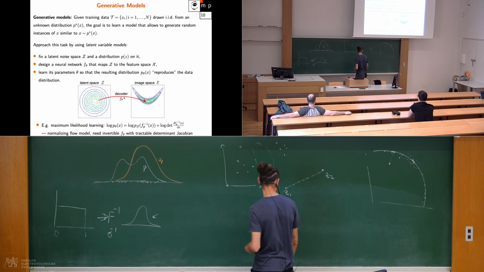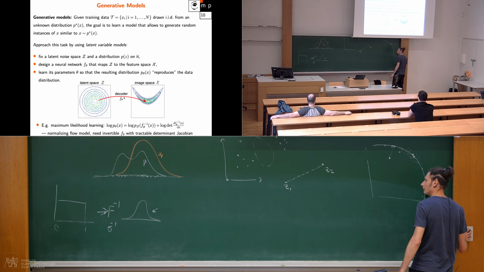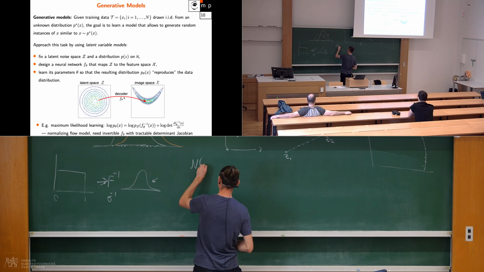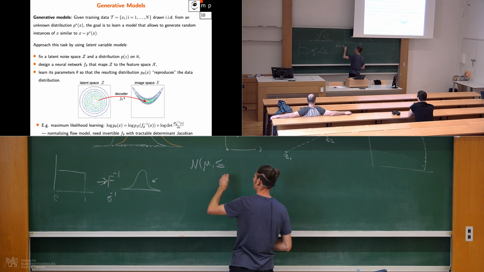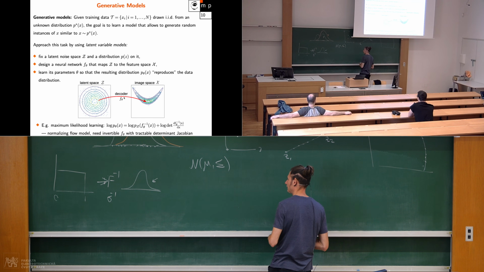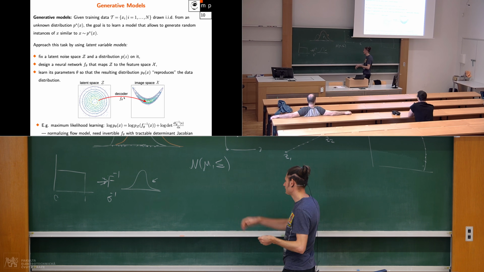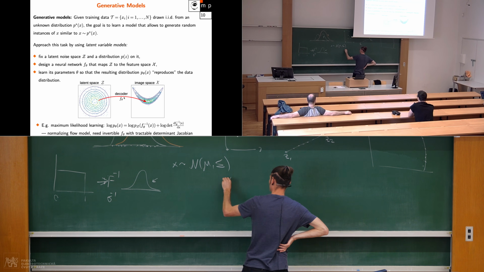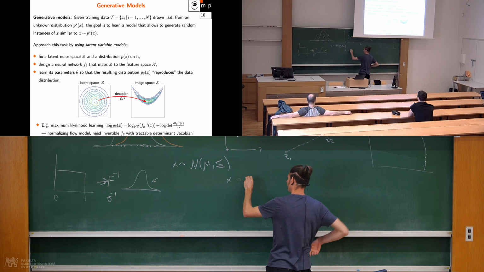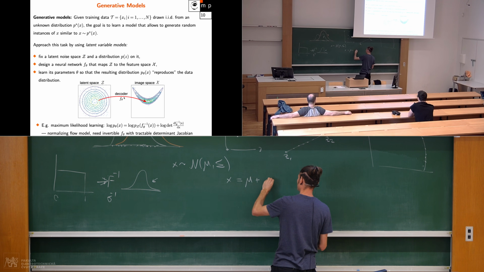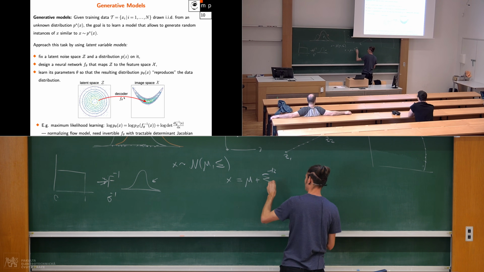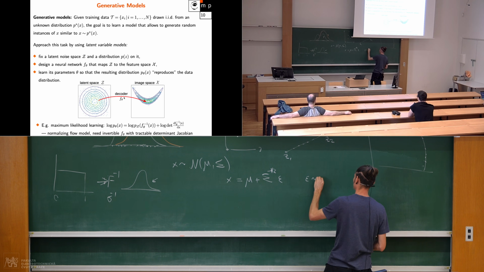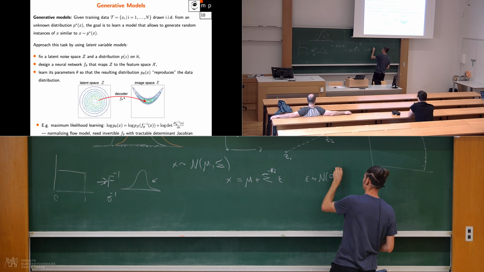Another example that you know is the normal distribution. If you have a normal distribution with mean mu and covariance matrix sigma, you could generate X as the mean plus the square root of the covariance matrix times epsilon, where epsilon is standard normally distributed.